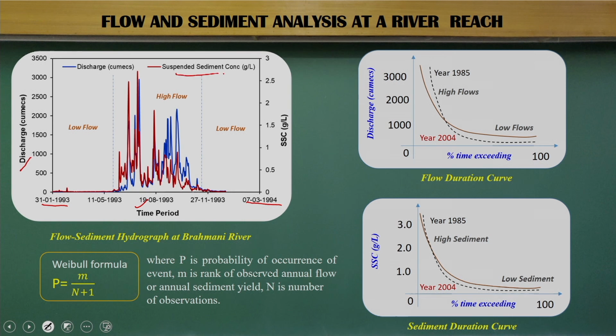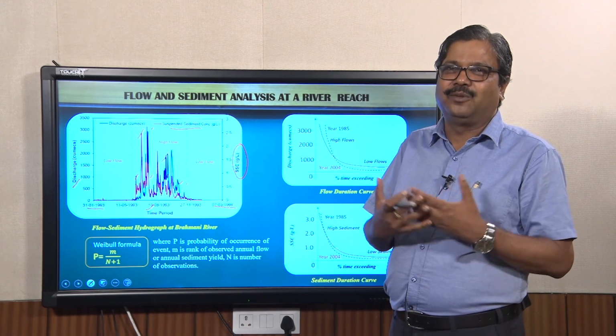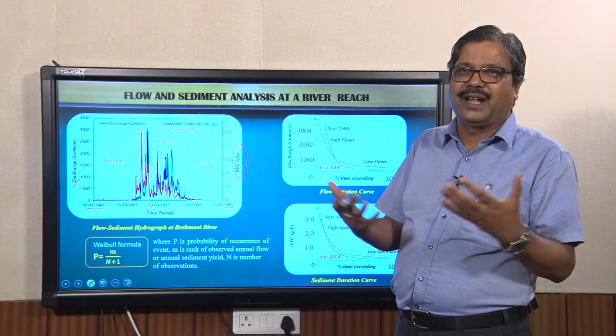The red color indicates the sediment concentration data, which is called the sediment graph. The sediment concentration is given here in grams per liter, and the discharge is given here. You can have this plot of flow and sediment hydrographs. Like when you go to a doctor, you go for X-ray reports.